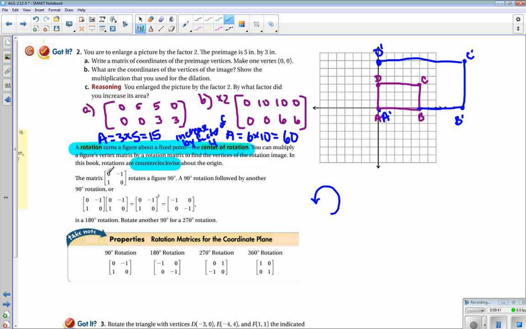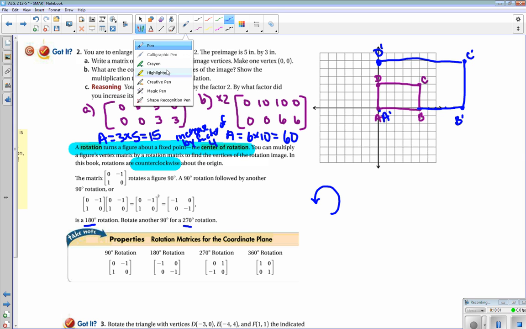The matrix 0, -1, 1, 0 rotates a figure 90 degrees. A 90-degree rotation followed by another 90-degree rotation is a 180-degree rotation, and then rotate another 90 degrees for a 270 rotation.